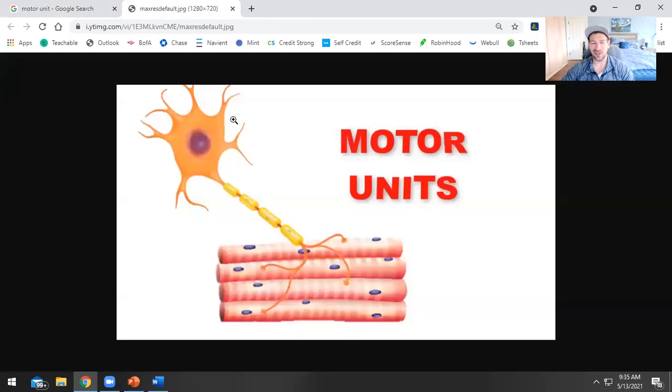You can see here's an individual nerve cell, and this would be a motor neuron, and then it would travel down, and then there's this little wire that attaches to this one and this one and this one and this one, right? There is an individual wire that attaches to each. So one neuron can actually control very, very many muscle fibers.